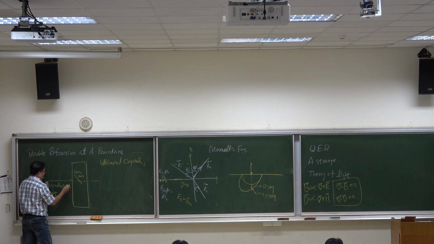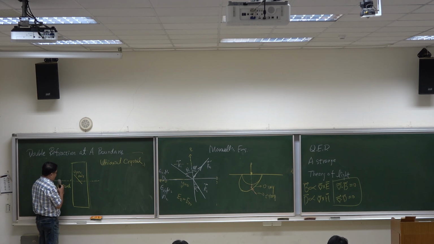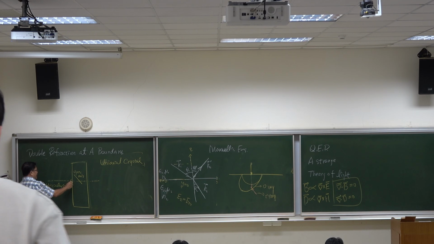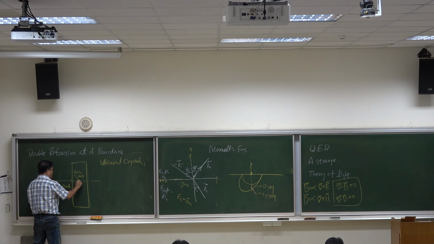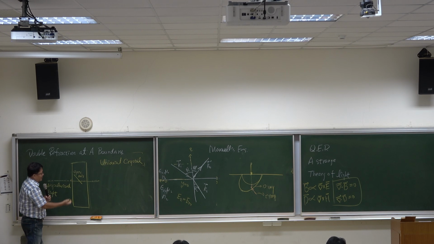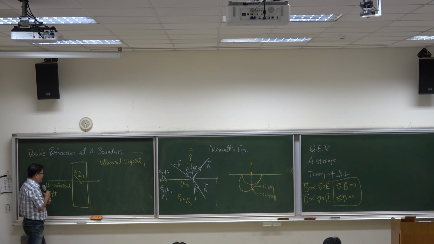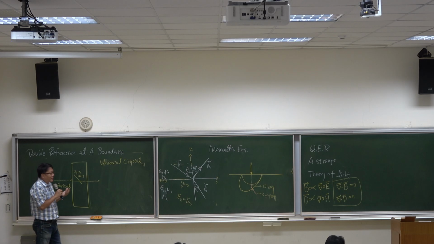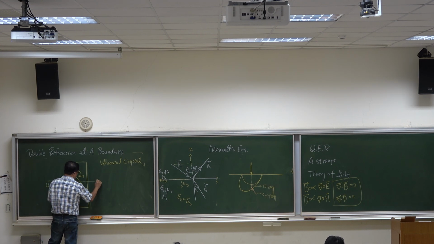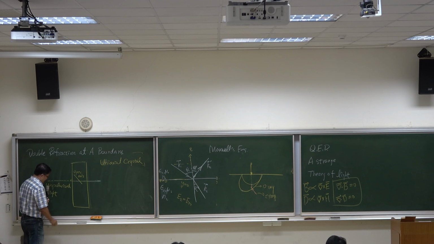The first possibility is that it can be polarized along this direction, which is normal to the optic axis. Then this corresponds to the so-called O ray because the E vector is perpendicular to the optic axis, so it behaves just like the usual light in an isotropic medium. So it goes along the straight line like this.